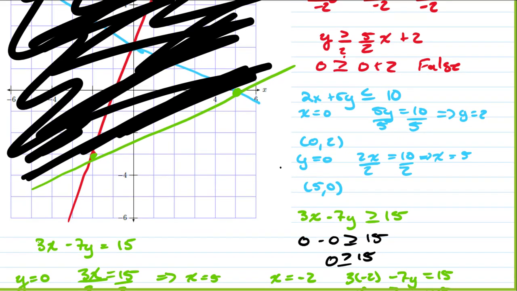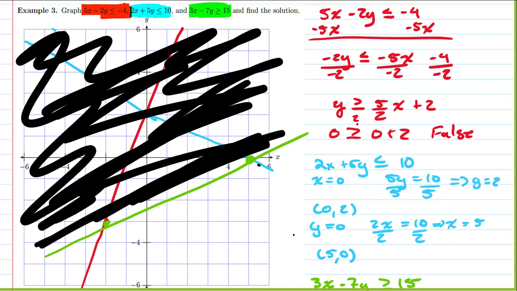So then I go to the blue line, which is just going to be this region over here because it's the only thing that's left. I can't check 0, 0 anymore because we don't really care. Well, I guess we could, but it's not going to matter. So if we put 0, 0 in, 0 plus 0, is that less than 10?